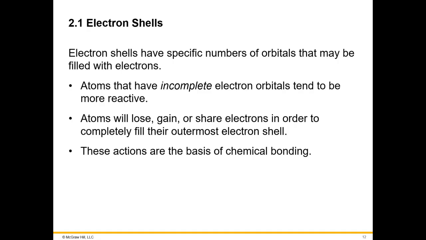Just the same, if you have too many electrons and that has thrown your orbit off and out of sync, you're going to be looking for a place to donate one of your electrons. There are also instances where 2 different atoms are going to share electrons so that they can both benefit by having the right number of electrons, and they'll share them, either equally or unequally. These actions we're talking about are the general basis of chemical bonds.